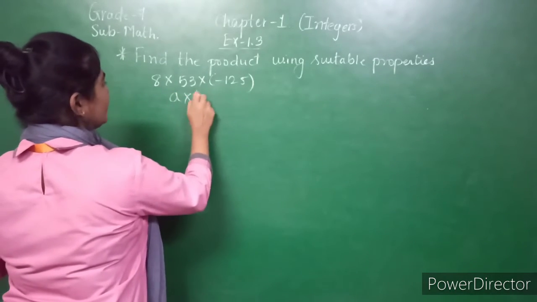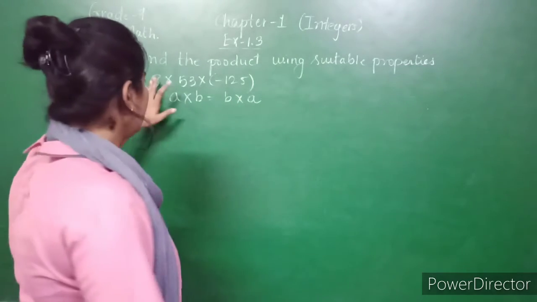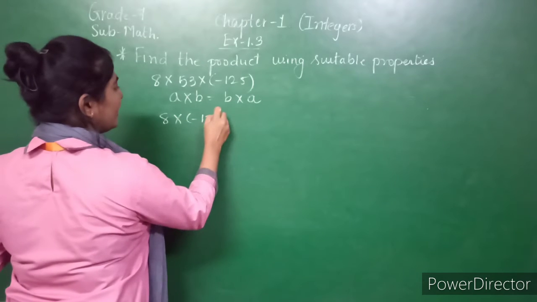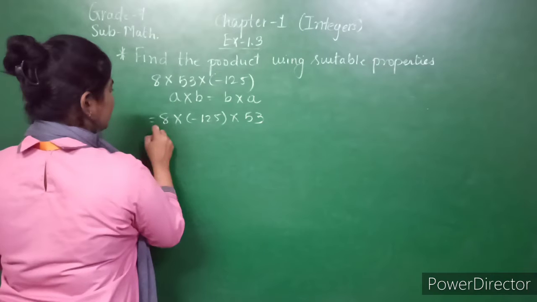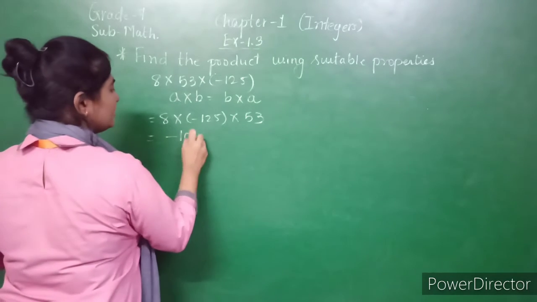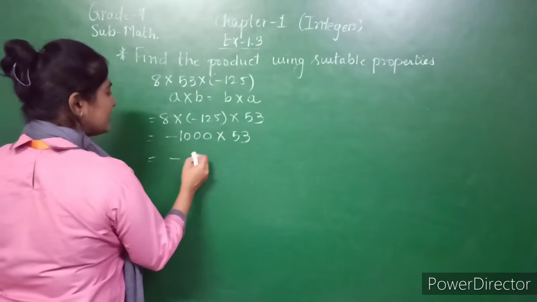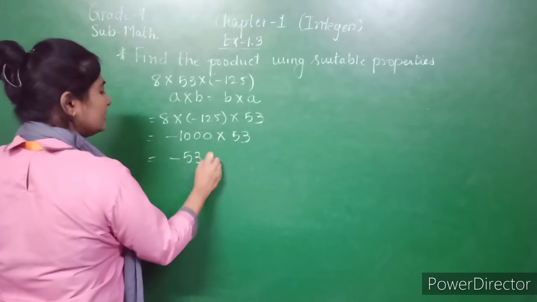If we are multiplying A into B or B into A, the solution becomes same. So here 8 into minus 125 into 53. So it is minus 1000 into 53. So answer is minus 1000 into 53. It is minus 53,000.